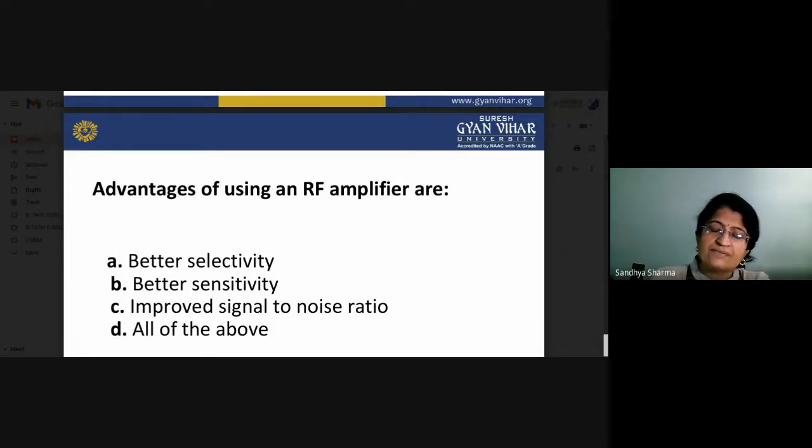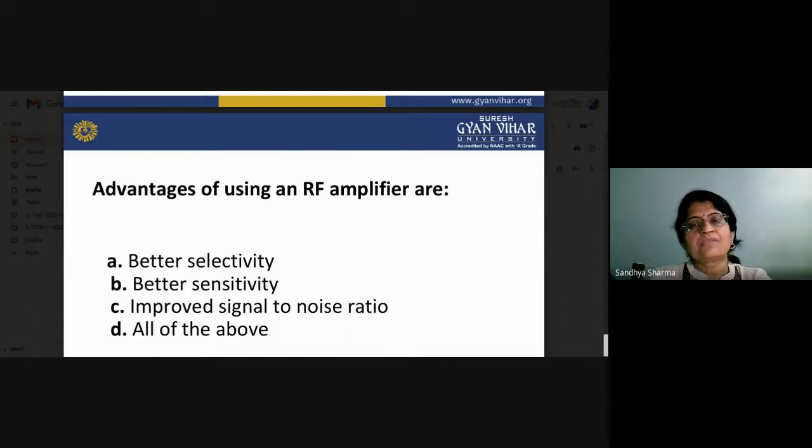When the carrier is sent with the modulated signals, everyone has to extract that particular signal. That is basically selectivity. The RF amplifier has good selectivity, particularly in radio frequency communication.